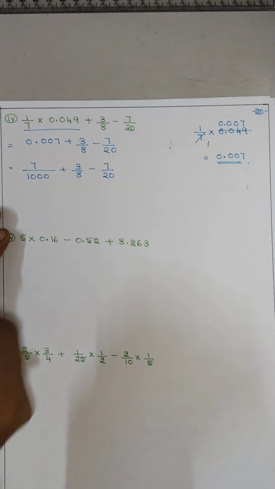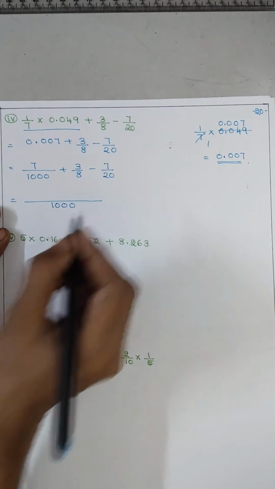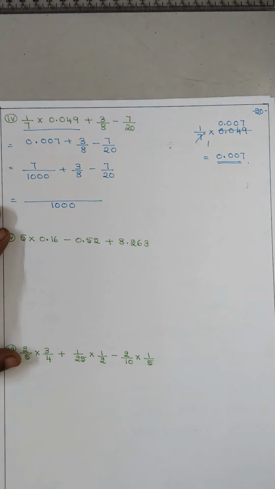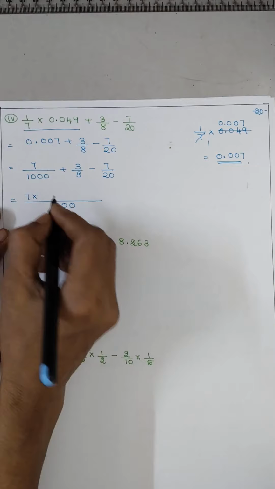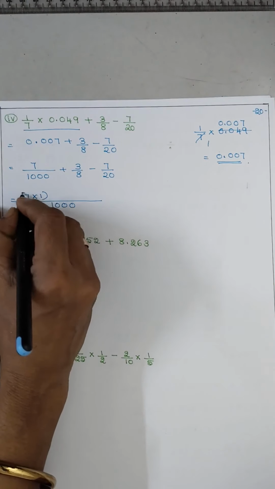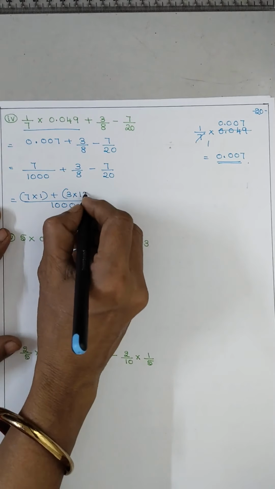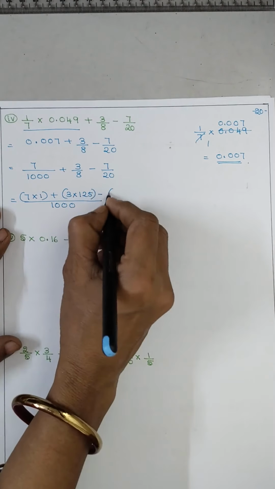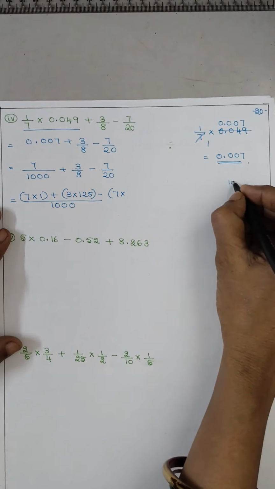So what is the LCM? 1000. Isn't it? 8 का टेबल में भी है. 8 125 20. It is a 50 है ना. So 7 into 1000 है, इसके लिए 1 plus 3 into 8 125 minus 7 into 20 how much 1000.